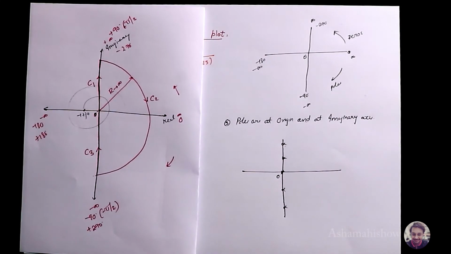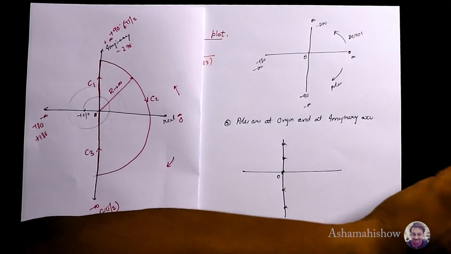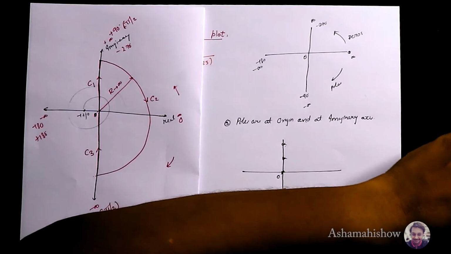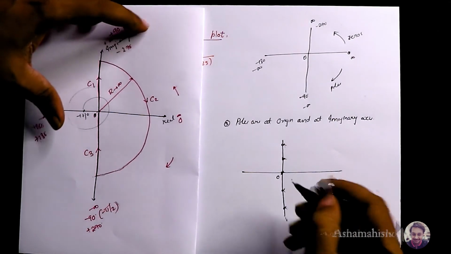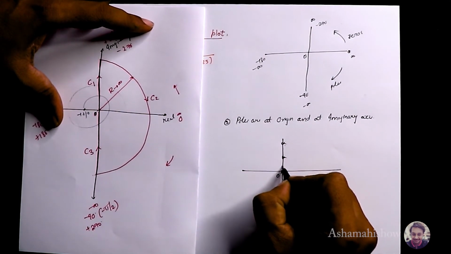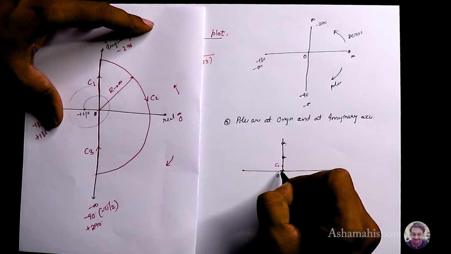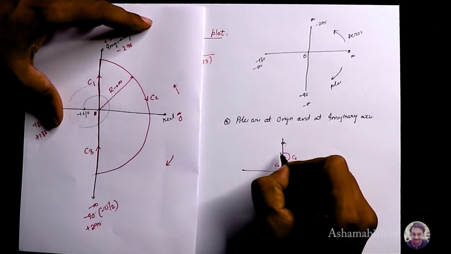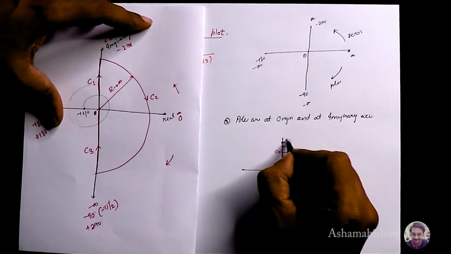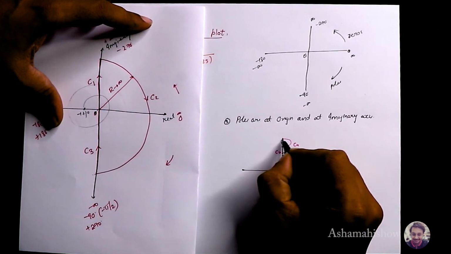Now how will your plot come? We most probably don't get these types of questions in your BTech examinations, but if you're unlucky, maybe that also will come. So my plot will start at C1. It doesn't start at origin first of all. Then it takes an arc C2, it covers C3, then it takes C4.